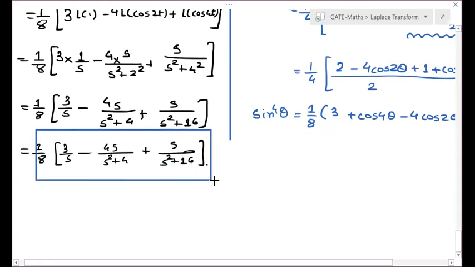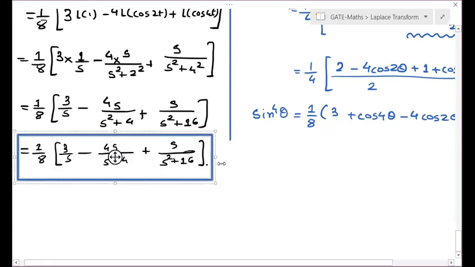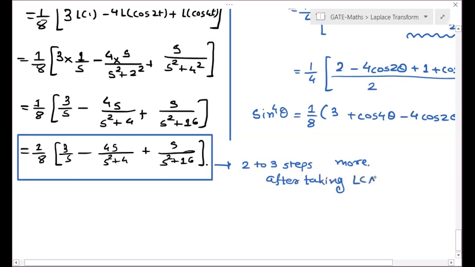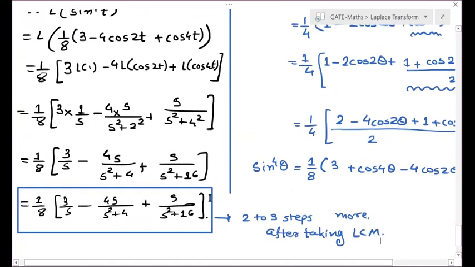Okay, but I'll suggest you simplify as much as you can. GTU students, Maths 3, just write 2-3 steps more after taking LCM. And if you are having doubt in them, just ask me.